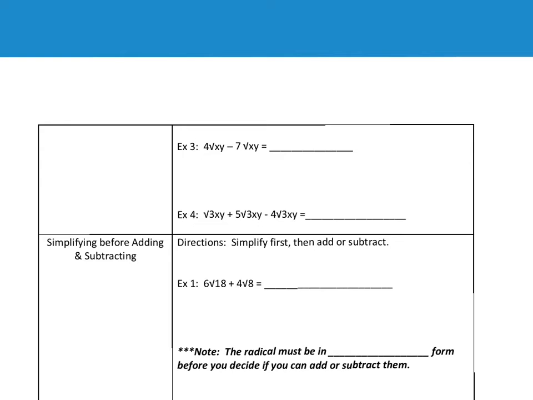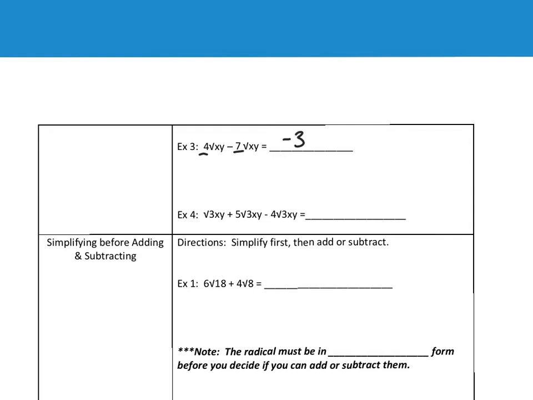This next one. So 4 square roots of xy minus 7 square roots of xy. Are those like radicands and like indexes? Yep, so they are like radicals. What does this become? So 4 minus 7. What's 4 minus 7?